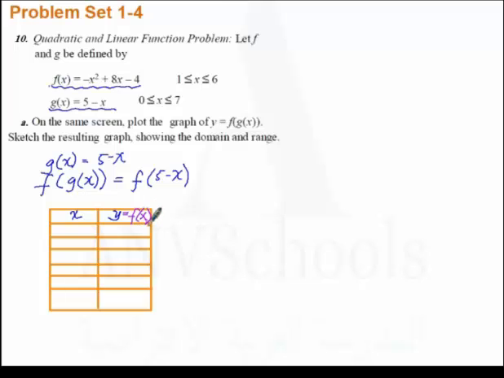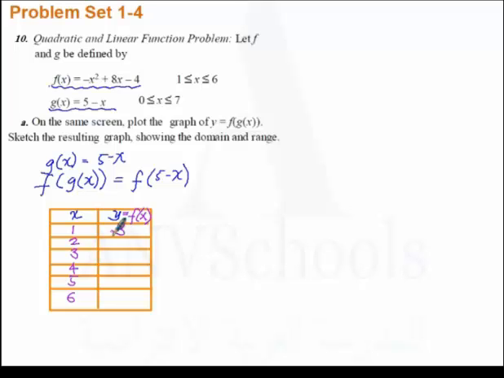So we have x from 1 to 6: 1, 2, 3, 4, 5, 6. When our x is equal to 1, then our f of x will be equal to negative, parenthesis, 1 squared plus 8 times 1 minus 4. So that's 8 minus 5, so that's 3.